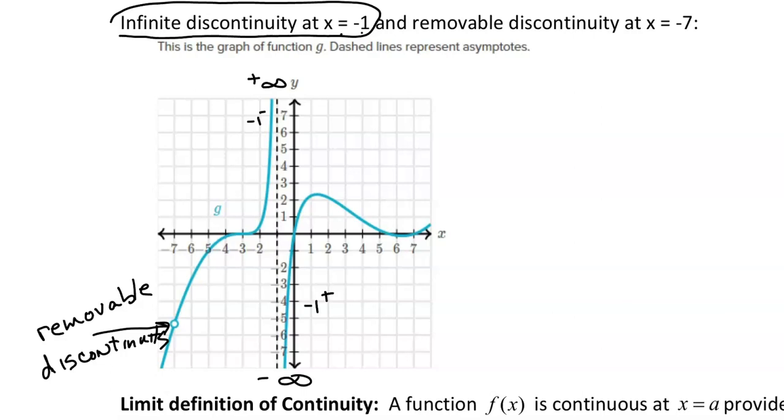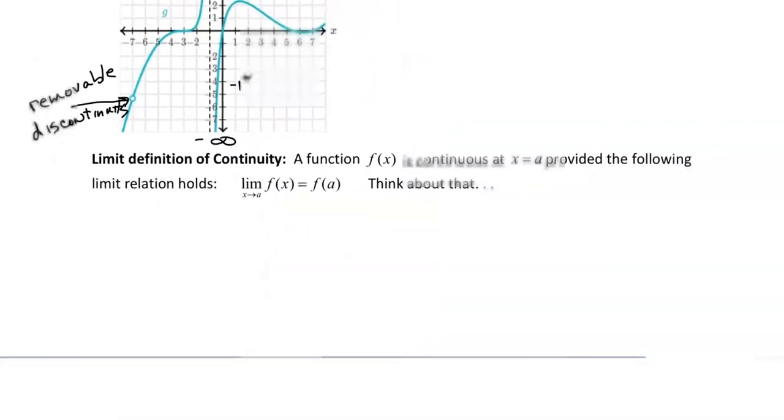An infinite discontinuity, you're approaching two different infinities and you don't have a limit. Removable discontinuities have a limit. That's the difference between the two of them.